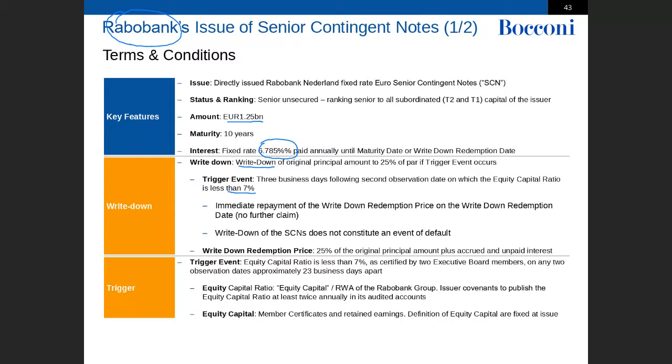But all these instruments were issued between 2010 and 2020, and they were there to support the banks' capital base when the pandemic situation materialized. There was a big financial crisis in the market. Banks were very highly capitalized because they had all these instruments that supported the capital base.